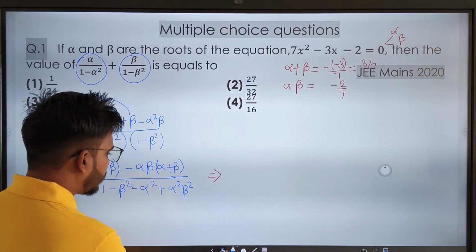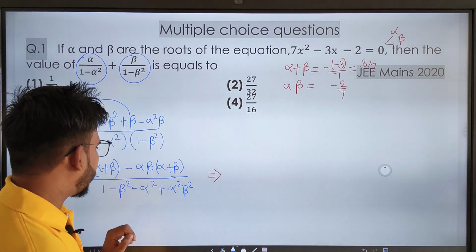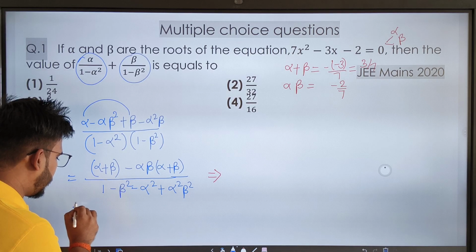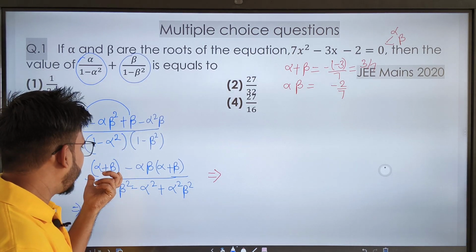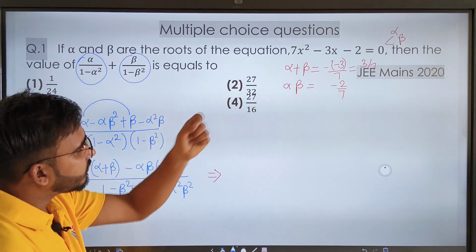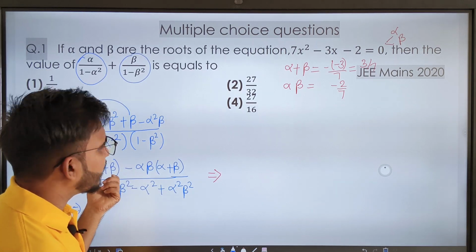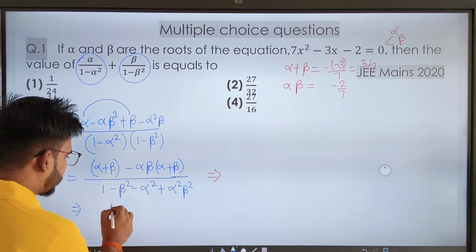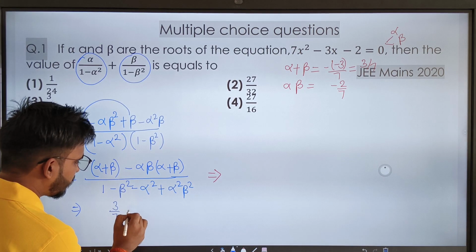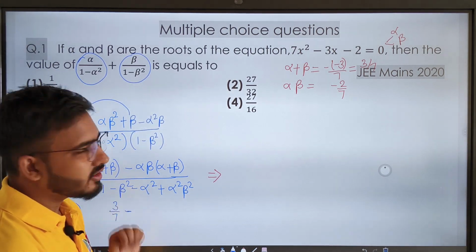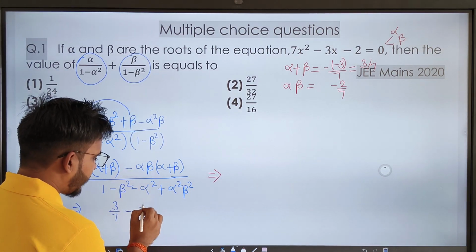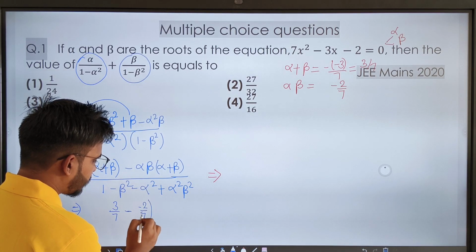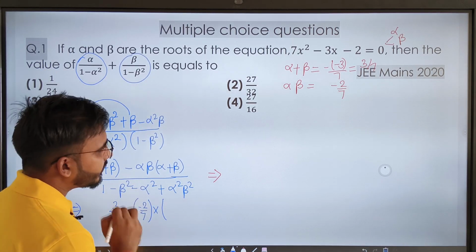If I put these values, let me write here because we need some more space. If I take alpha plus beta common, the value of alpha plus beta is 3 by 7. So it is going to be 3 by 7 minus the value of alpha beta, which is minus 2 by 7, into alpha plus beta.